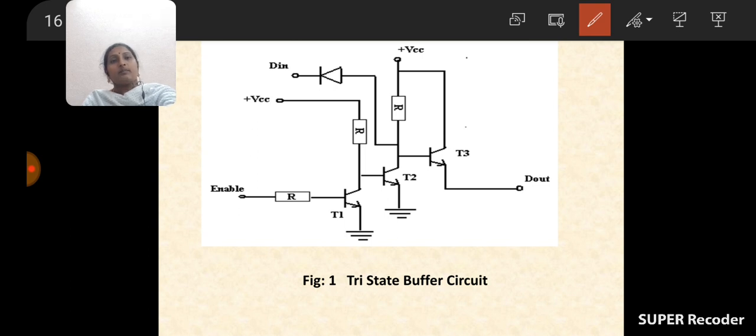At the same time, base of T2 is also connected to VCC. Base of T3 is connected to D in. So finally, the output of the first stage is connected to D in, and the input of the next stage is connected to D out. Okay.